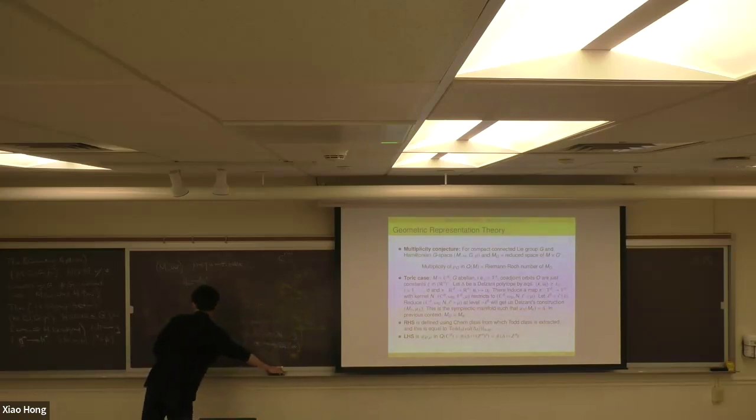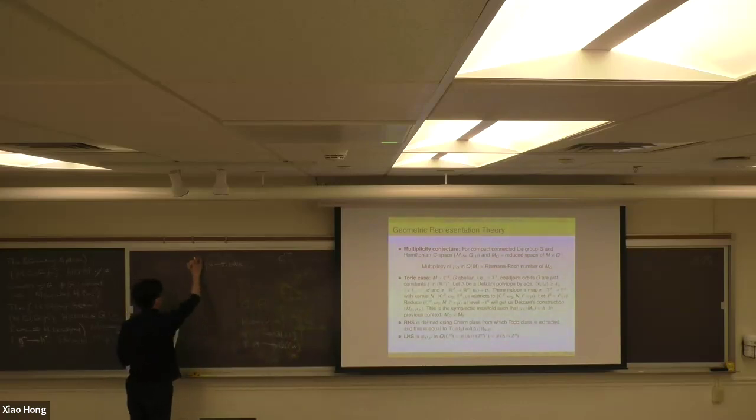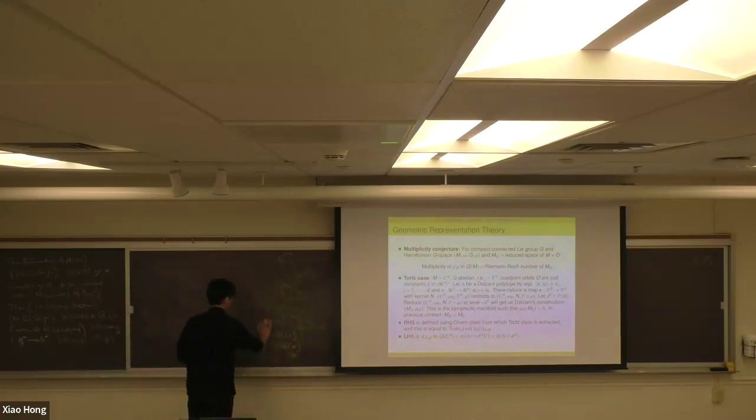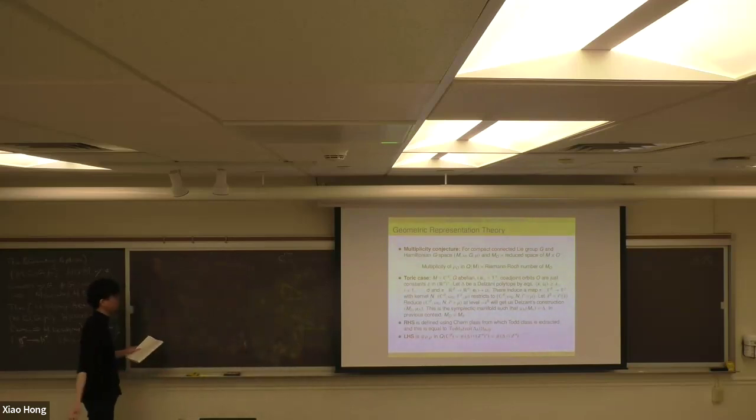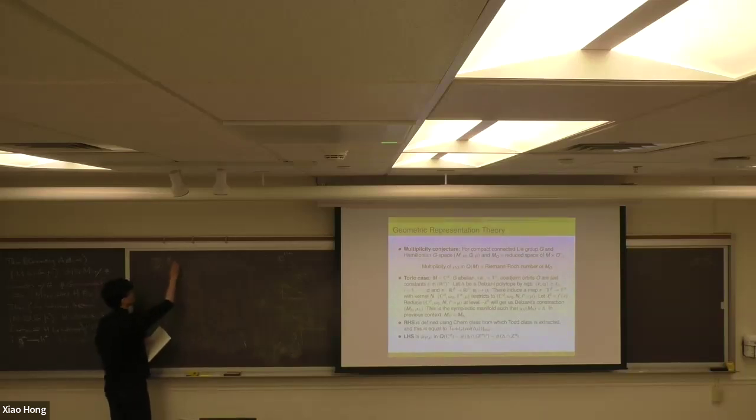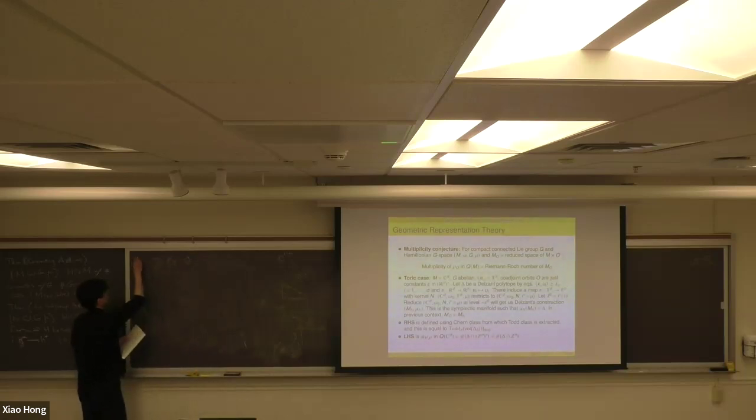So let this O be a pre-quantizable coadjoint orbit. Then we have this corresponding irreducible unitary representation. Let this rho be the representation in the functoriality axiom.